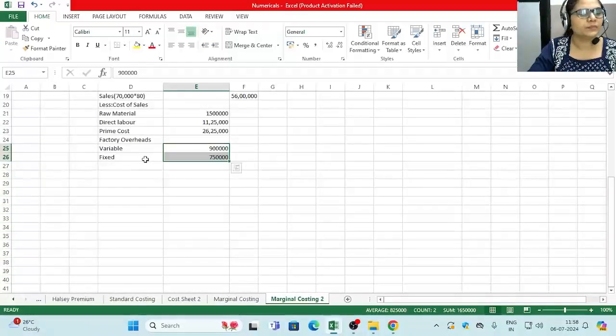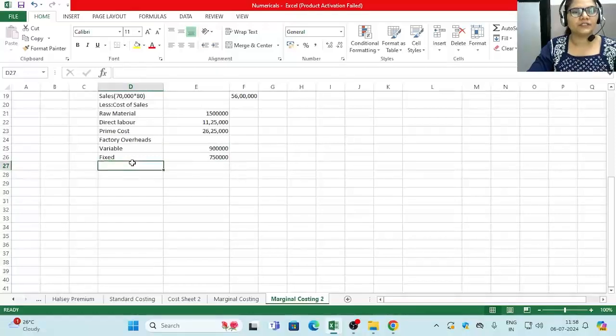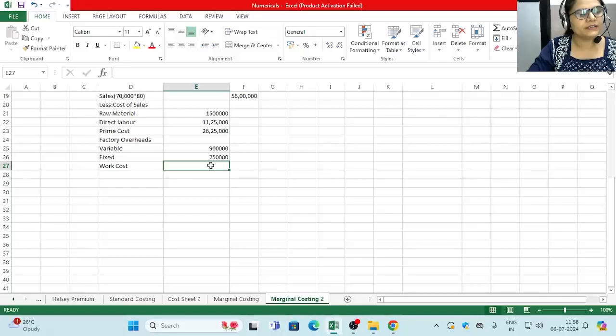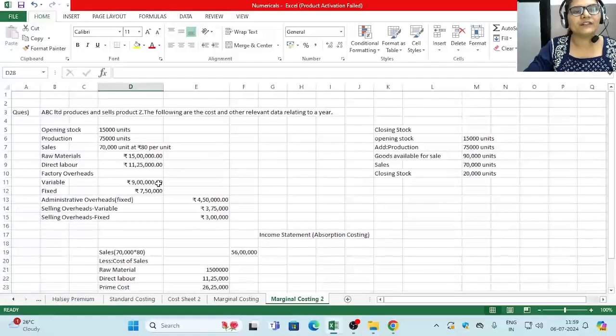After that, we will get the works cost. Works cost is calculated as 42,75,000.